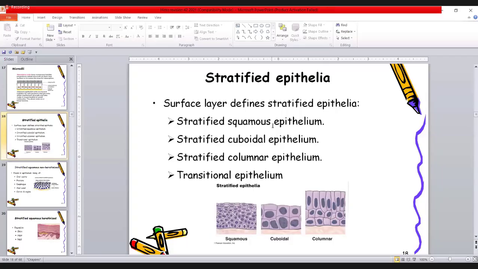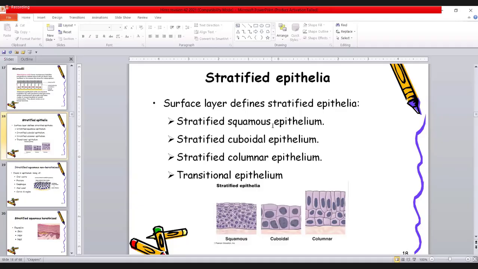Lining wet surfaces, but you have to specify exactly where. Vagina, yes. Oral cavity mucosa, yes. Then going down, pharynx, esophagus, anal canal. All these places have stratified squamous non-keratinized epithelia.